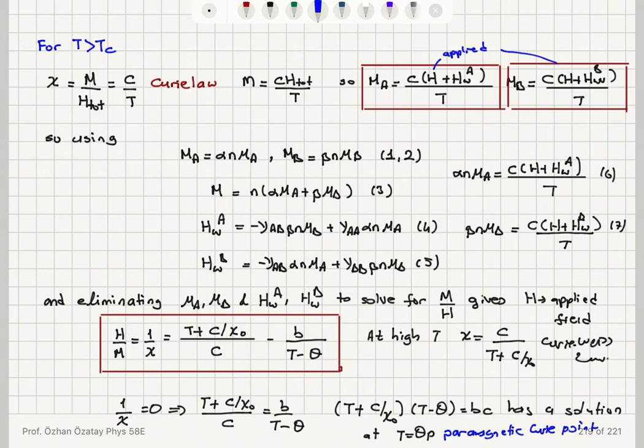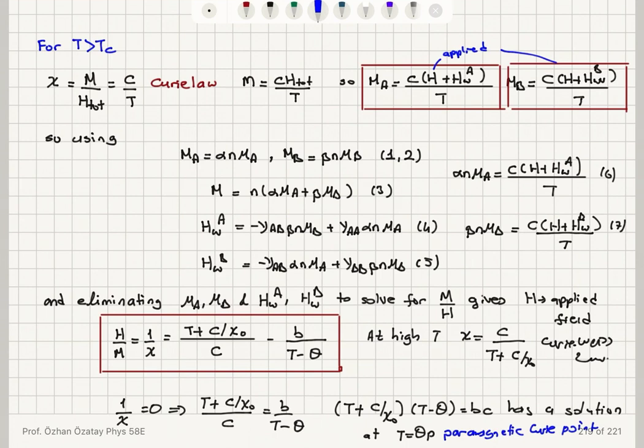We can write Curie's law for the two sublattices, and combining these equations we obtain 1 over chi of the form T plus C over chi 0 divided by T minus theta minus B over T minus theta. So C is a constant, chi 0 is a constant, B is a constant, theta is a constant. So the temperature dependence can be written in this form.